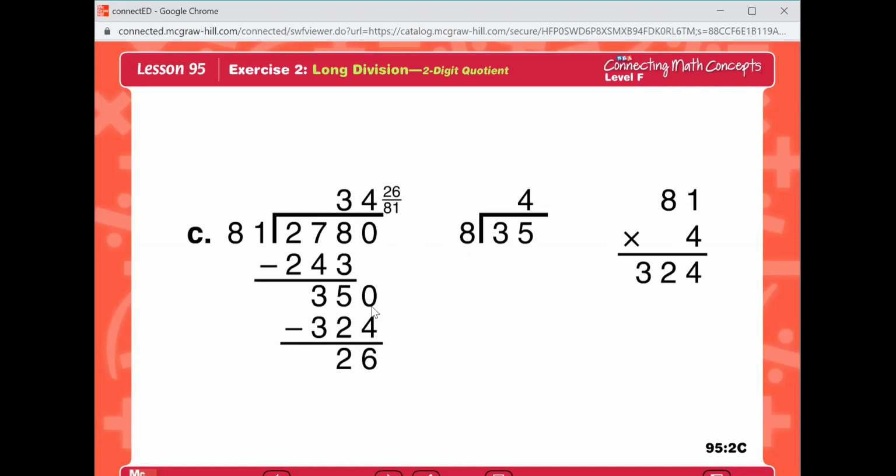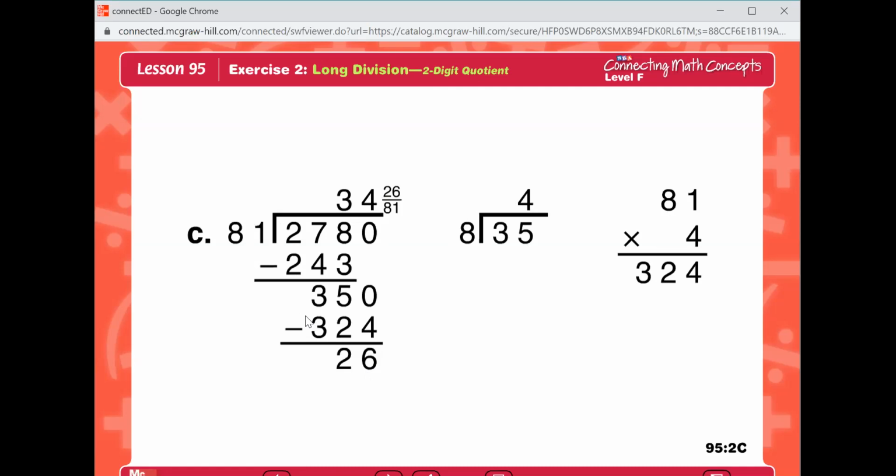Then doing estimation division, 350 rounds to 35 tens, like it shows here, and 81 rounds to 80, giving us 8 tens right here. 35 divided by 8 is 4. That number, as we've been doing, gets plugged in right here on the ones digit, because that's what we've been working the whole time. So the next step is 81 times 4. 81 times 4 is 324.